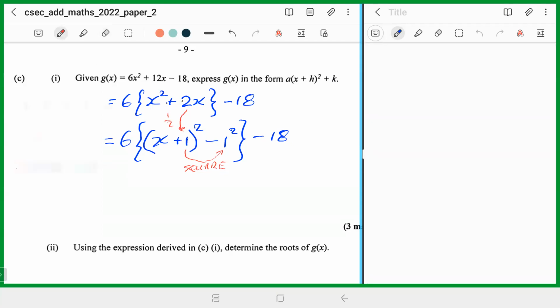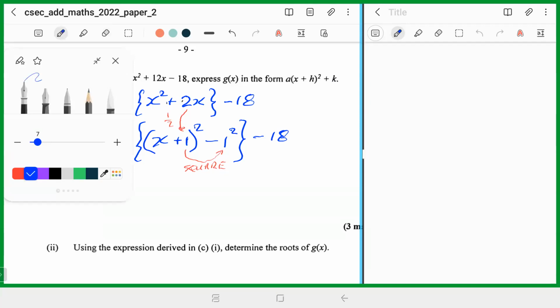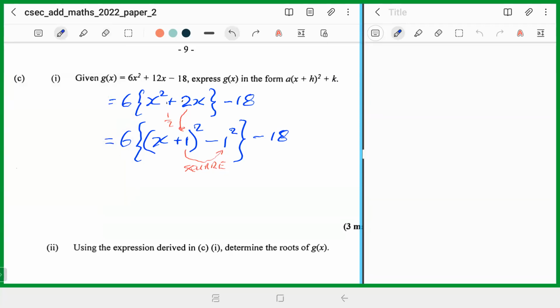Continue. We can now expand again, away with this 6. So it becomes 6 times this thing, which is 6 into x plus 1 squared. 6 times negative 1 is negative 6. Negative 6 and negative 18 is how much? Negative 24.